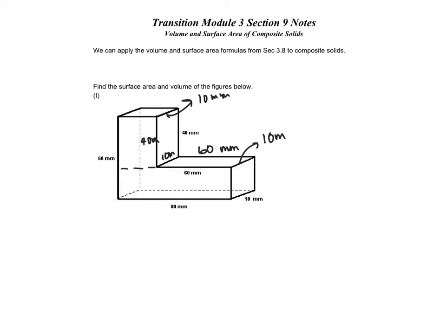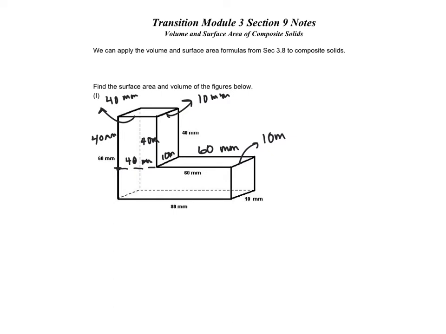If the entire bottom is 80 millimeters and I have 60, that means this is 40 millimeters, which means this side is also 40 millimeters. And then if I'm breaking up, then it's also 40 millimeters just from where I've broken it up to the top.